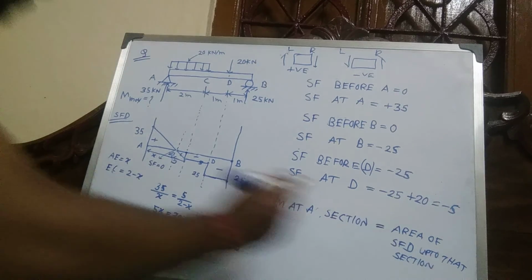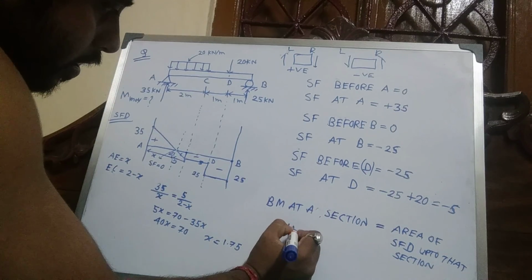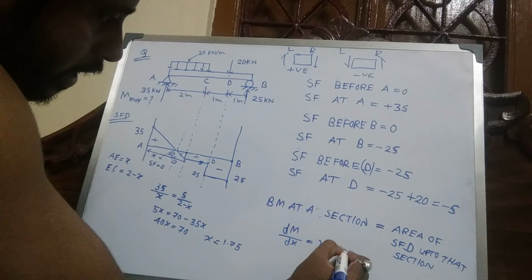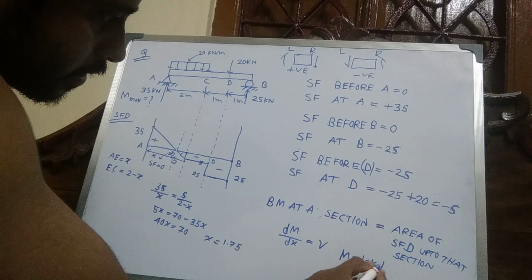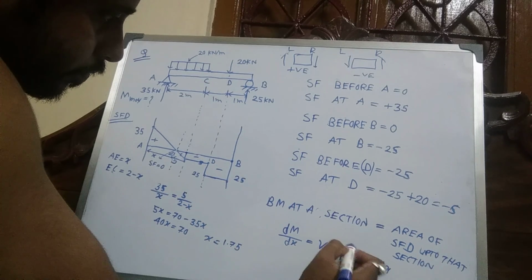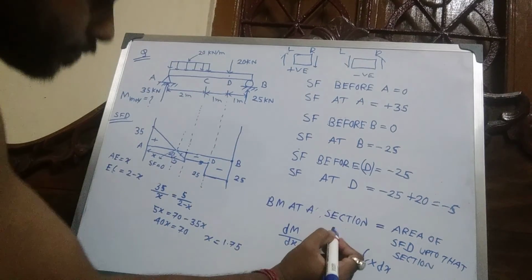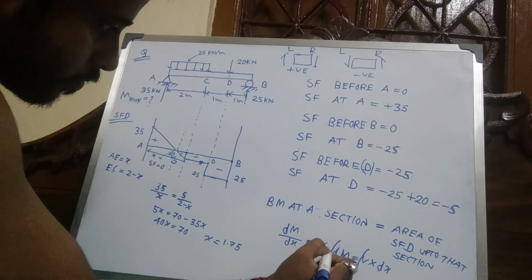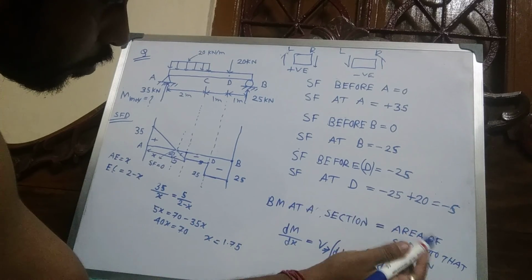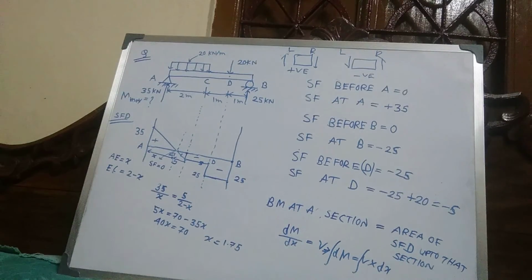Again we know dM by dx equal to V, so M equal to V into dx, dM equal to V dx, and on integration, bending moment equals the area of the shear force diagram up to that section.